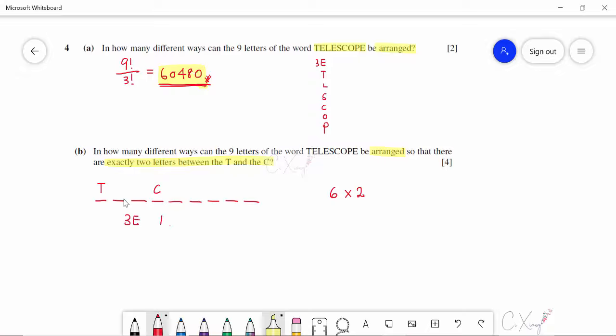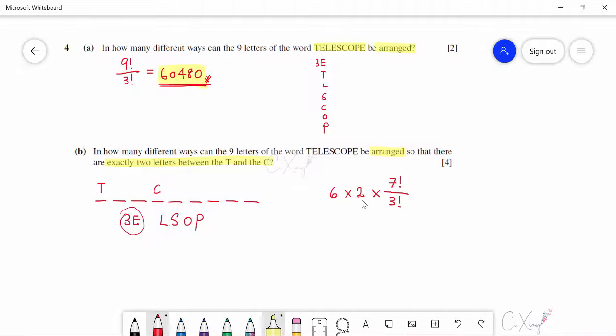Okay, we still have L, S, O, P. So you can see that all of the letters here, we still have 7 letters remaining. So we want to arrange these 7 letters in a line. It will be 7 factorial. But you still can see that there are 3 identical E's. Therefore, you need to divide it by 3 factorial.